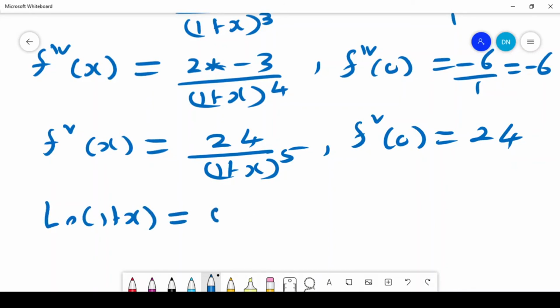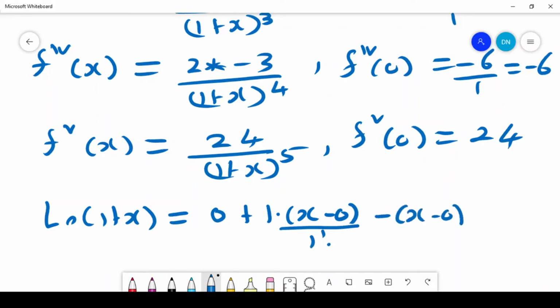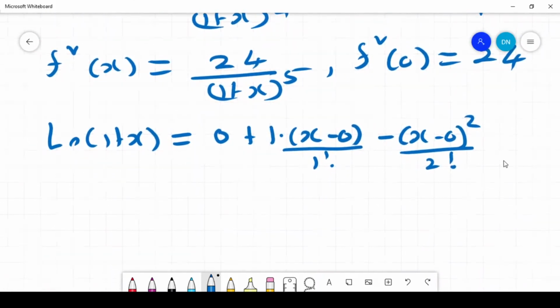So it would have been 0 plus f prime of 0 is 1, then x minus 0, over 1 factorial if you wish. The second derivative was negative 1, times x minus 0 squared over 2 factorial. So I'm not going to subtract with 0 again because x minus 0 is still x.